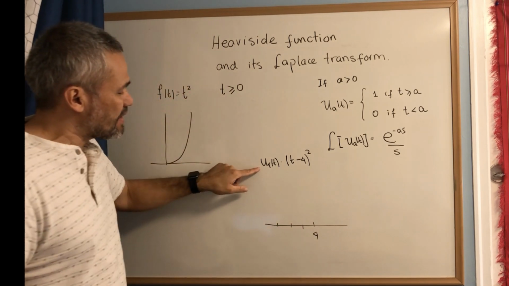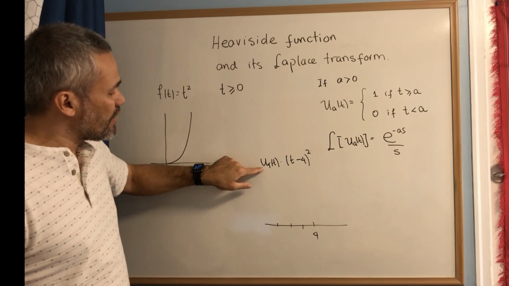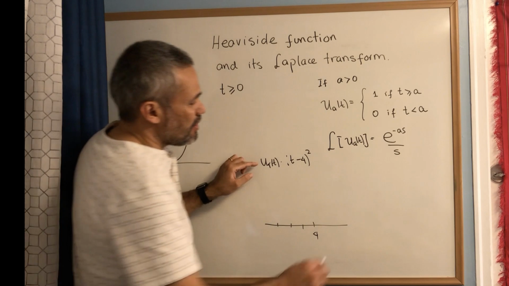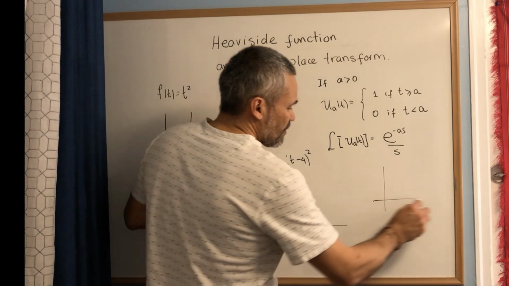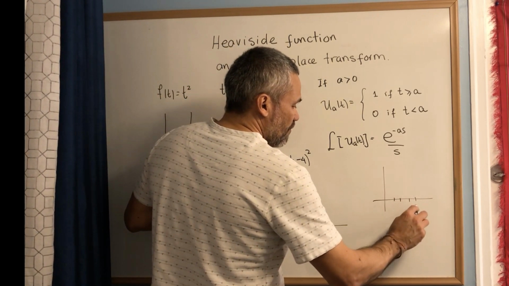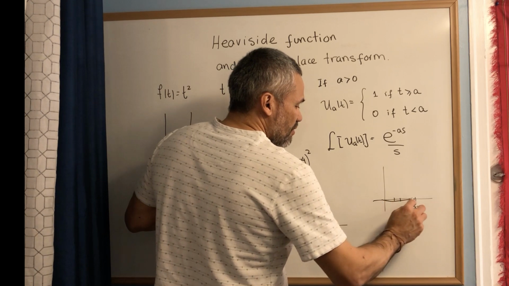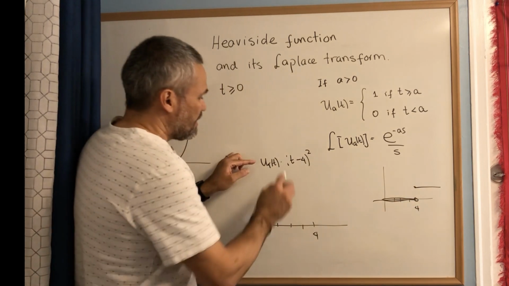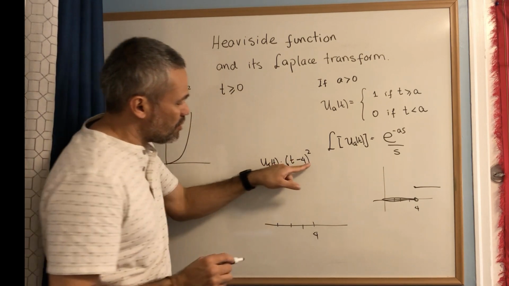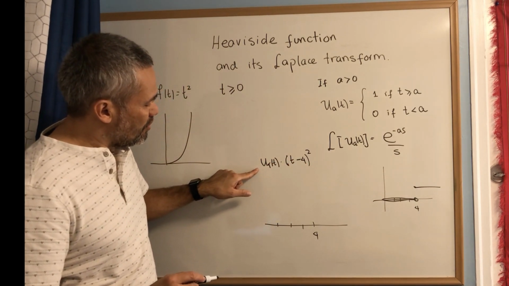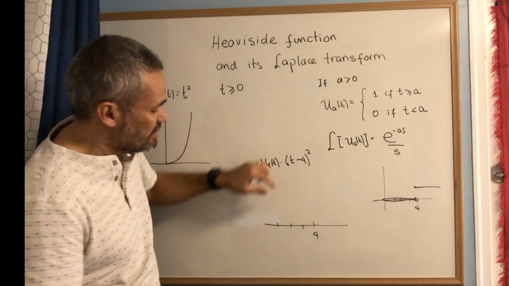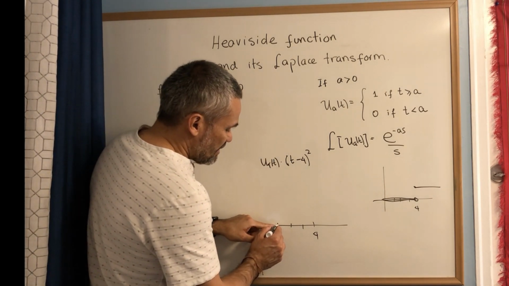What happens when t is smaller than 4? Remember that the function u4 of t is 0 before 4 and then 1 after 4. Then for this whole function, when t is smaller than 4, 0 times something is just 0. The function is like this, right?